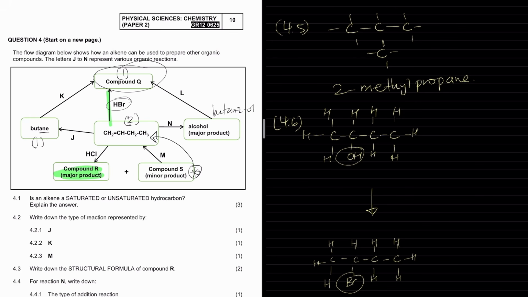So if we reacted this with HBr, then the bromine would be substituted with this OH, and so we'll get a Br here, and the byproduct of this would be, since the OH is coming out, you're going to have the hydrogen forming with the OH, you're going to get H2O. So that's our structural formula.